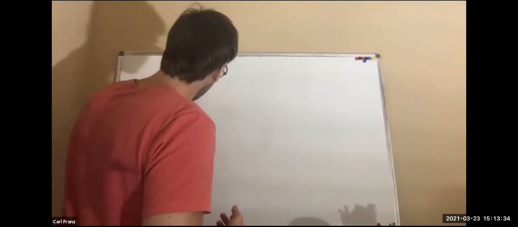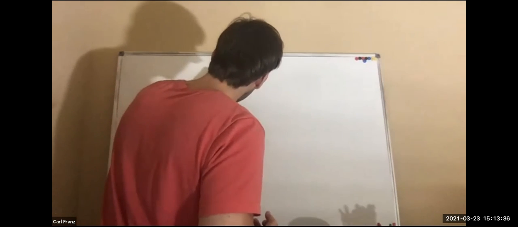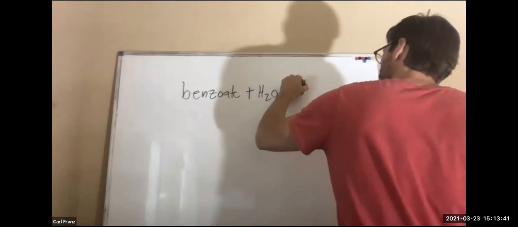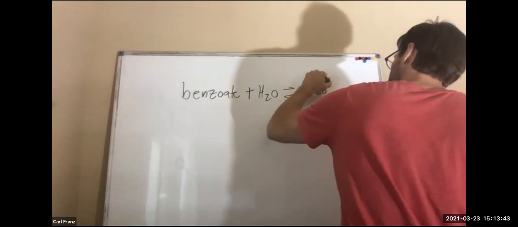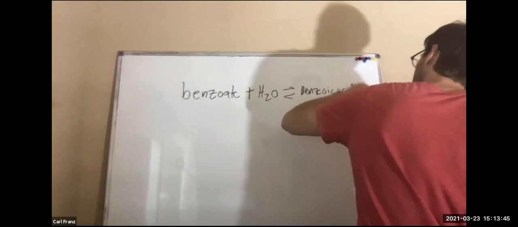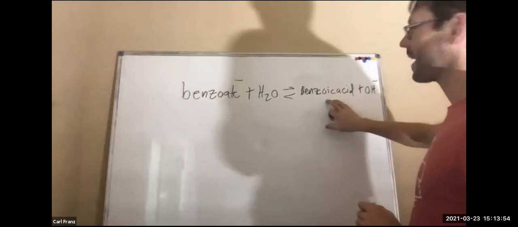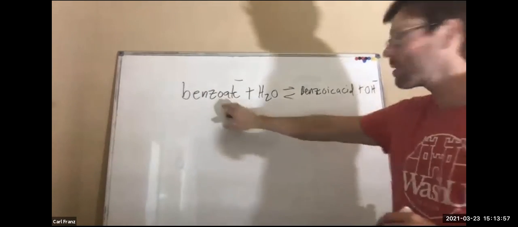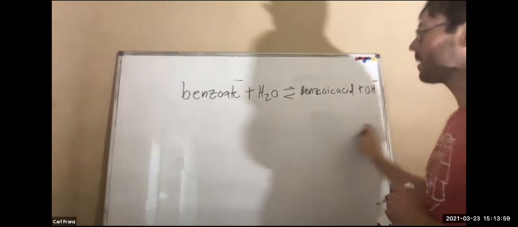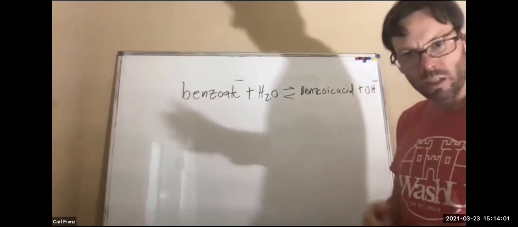So you can look up the formula for benzoate, or you can just write it. Benzoate plus water gives us benzoic acid plus OH, right? Benzoate is our base, so water must be our acid. Benzoic acid is the conjugate acid of this base, and OH is the conjugate base of water.